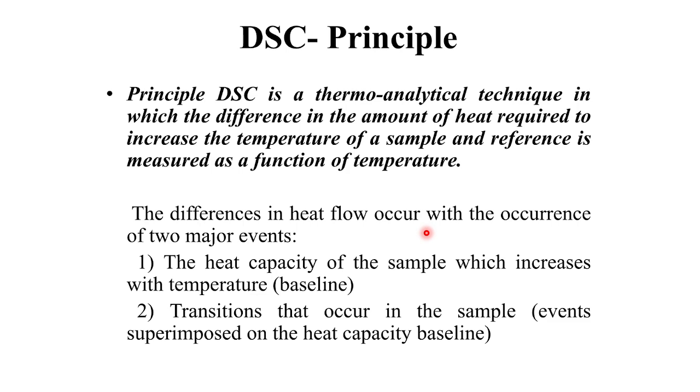So DSC is a thermoanalytical technique in which the difference in the amount of heat required to increase the temperature of a sample and reference is measured as a function of temperature, as I have already discussed. The difference in heat flow occurs due to two major events. The first is the heat capacity of the sample, which increases with temperature, and the second is the different transitions that happen during the temperature increase, which are superimposed on the heat capacity baseline.